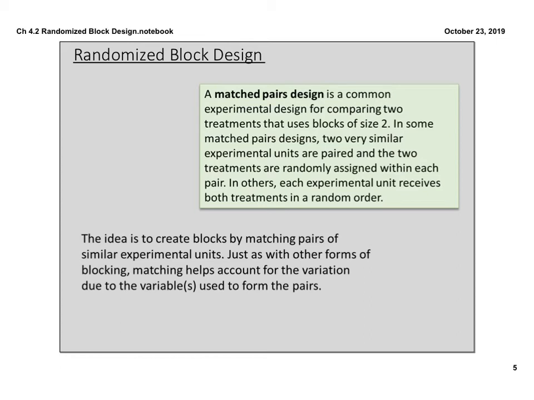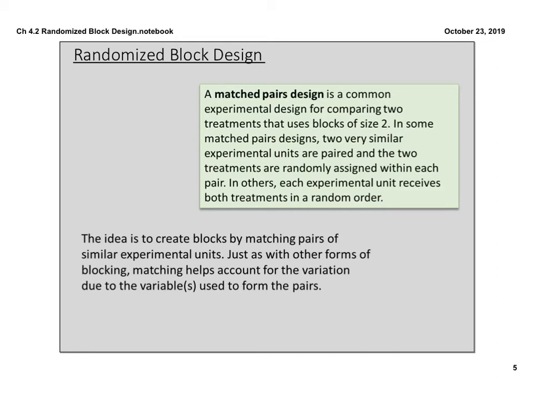So what I might do is sort my students based on their assessment scores. Then I'll take the top 2 assessment scores and I'll give one the old review method and the other one the new review method. Then I'll take the next group of 2. So that's my matched pair. My matched pair is taking students of the same ability level and assigning them to the 2 treatments, and I'd go all the way down. And that's how I get my 2 groups.